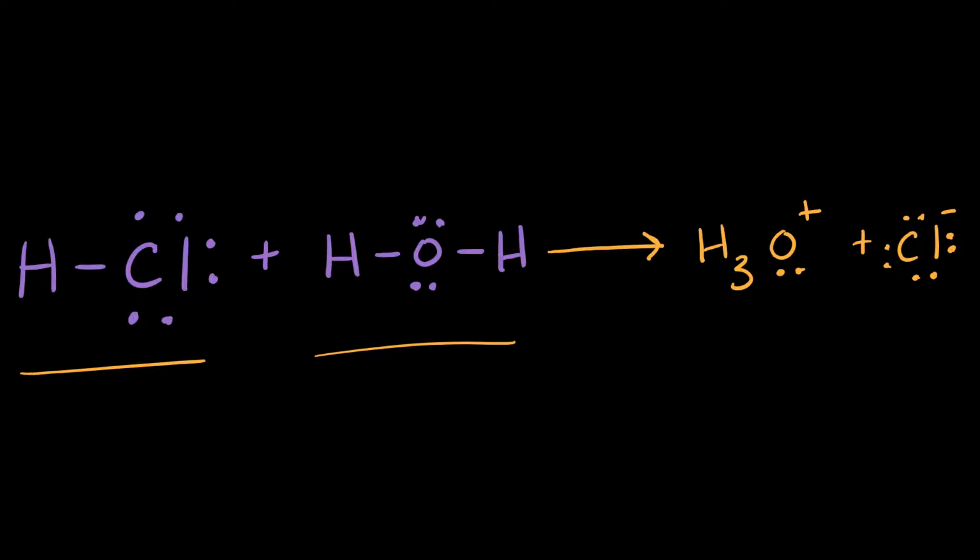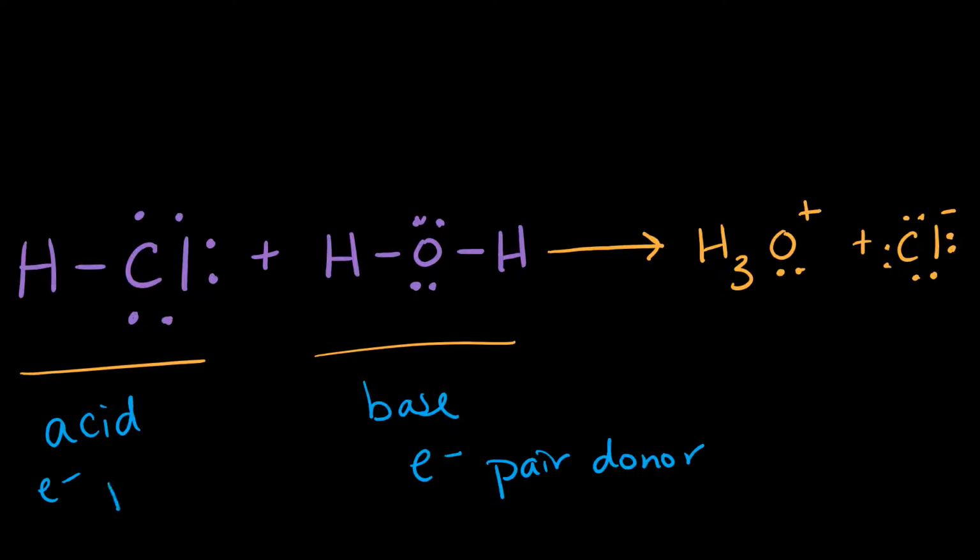But let's take a look at this in terms of electron donating or electron accepting. If we know that HCl is acting as the acid, therefore water is acting as the base, our new definition tells us that this base must be the electron pair donor. And the acid must be the electron pair acceptor.